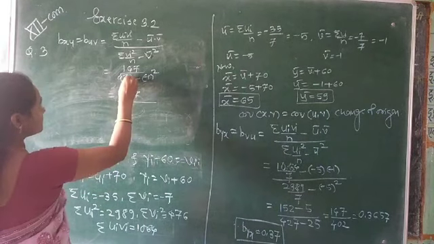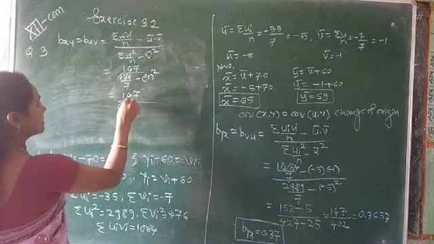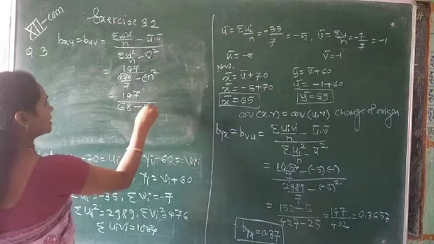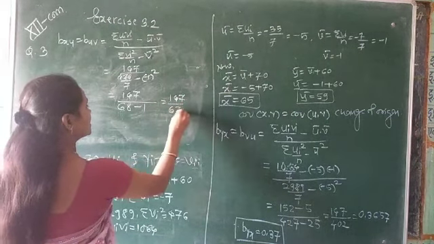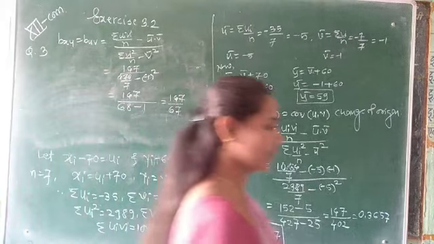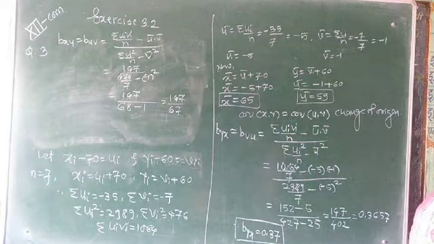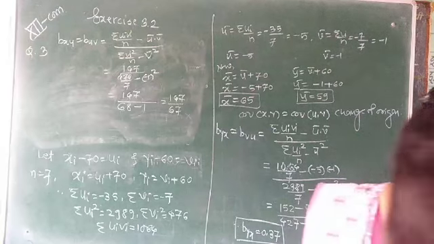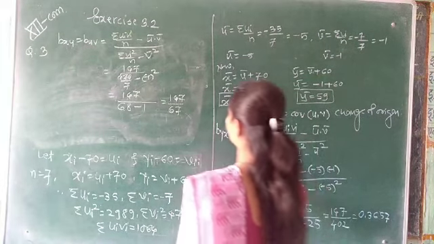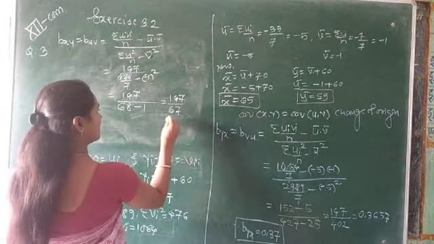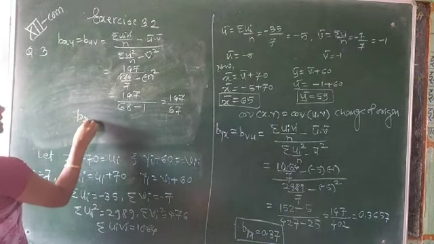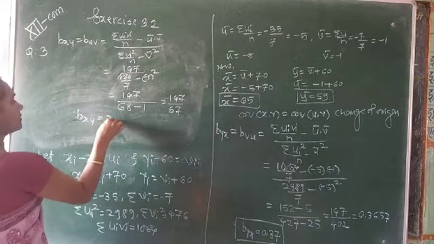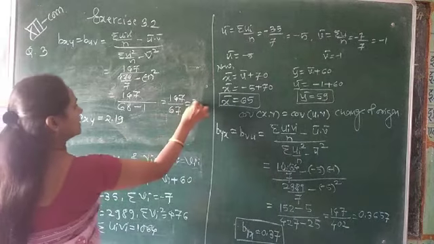Hence here 5, and 7 8s are 56 minus 1. Hence it is 147 divided by 67. If we divide it, we will get 147 upon 67, that is equal to 2.19. Therefore Bxy is equal to 2.19.